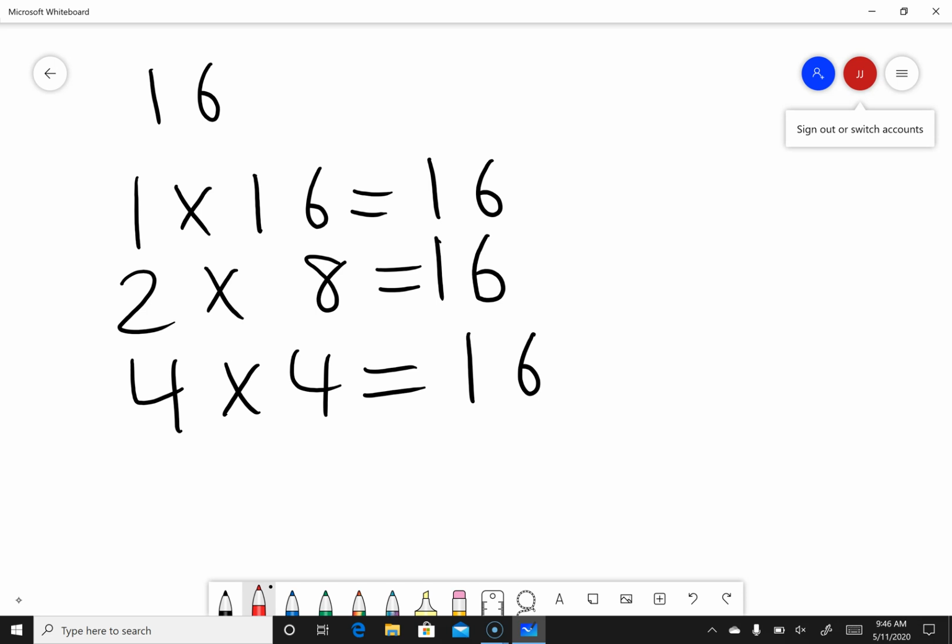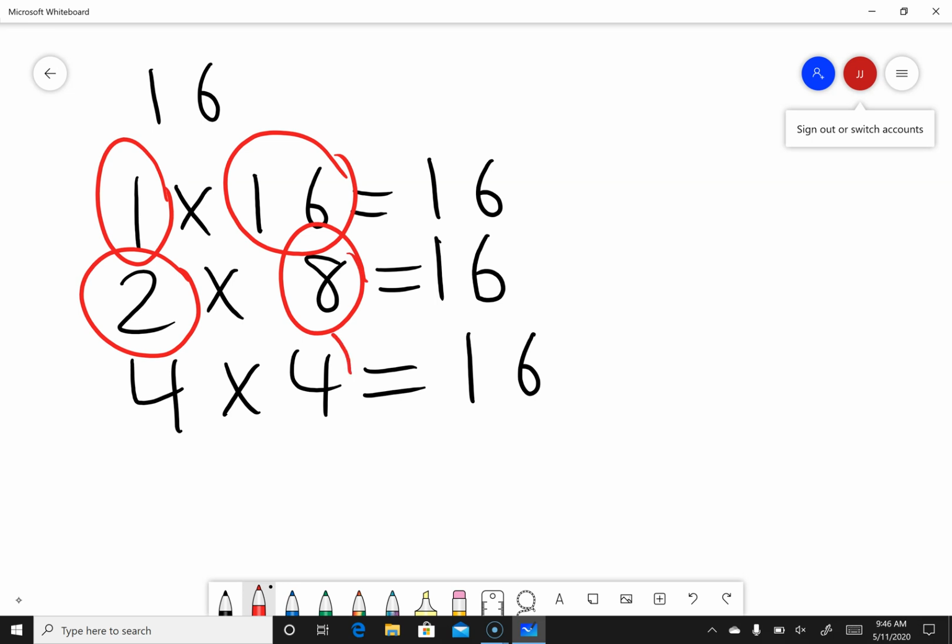So I'm going to circle them. I have 1, 16, 2, 8, and 4. I'm only going to circle 4 once because 4 is a factor of 16. I don't need to circle it twice.